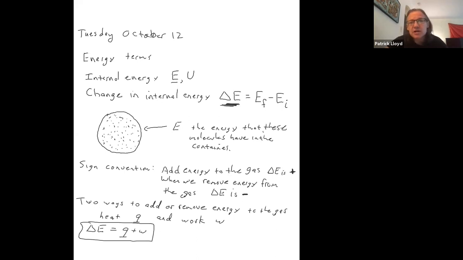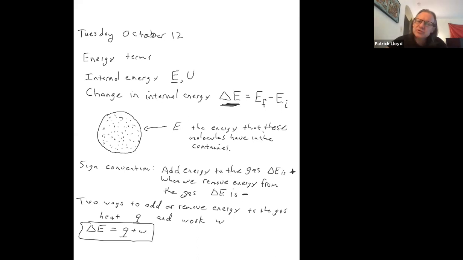We talked a lot about that. You can refer back to the previous lecture about the sign convention for heat and work, and the terminology of doing work on the gas or system, or having the gas do work on the surroundings. So there is our relation.